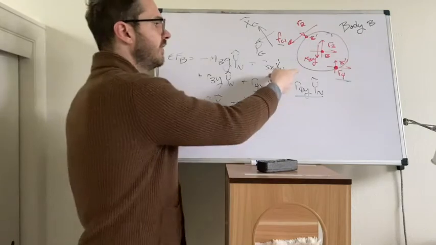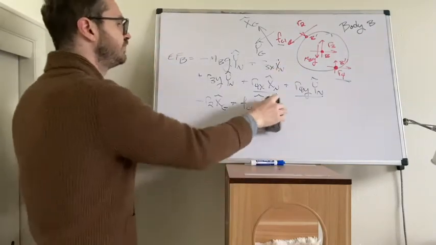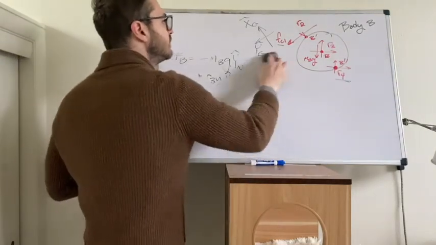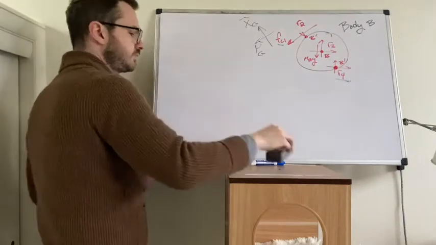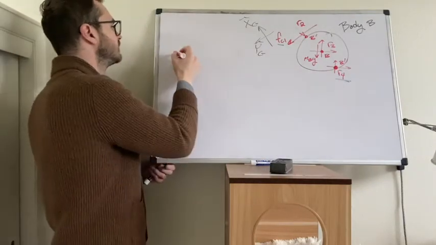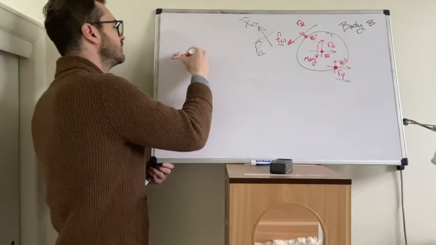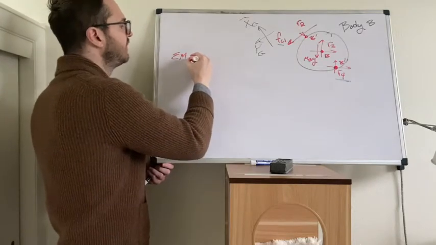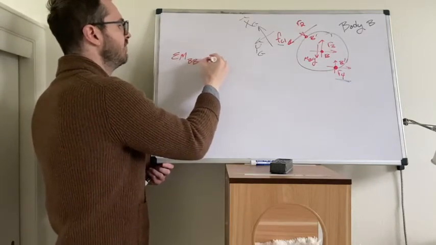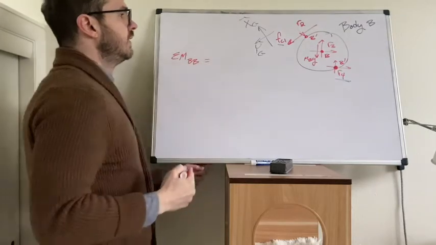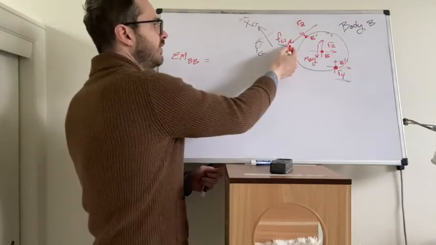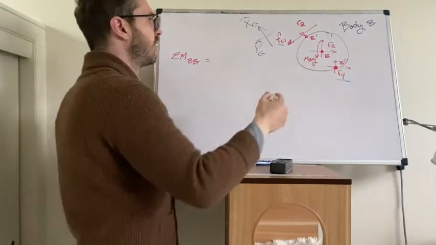Let's write now the sum of moments about this center. So we're looking at the sum of moments on B about B. Okay, and the ones we need to do are the friction and R4.